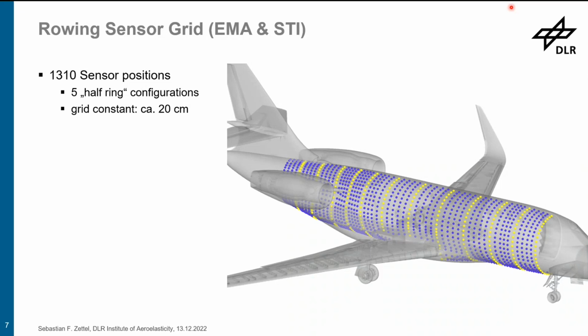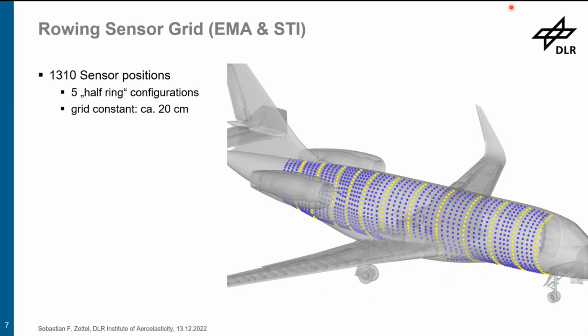Just to give a short wrap up, this rowing sensor grid basically allows to perform measurements with a dense grid on the full fuselage, but with only a subset of sensors available. The challenge with this method are the uncertainties introduced into the measurement by performing the same excitations repeatedly.